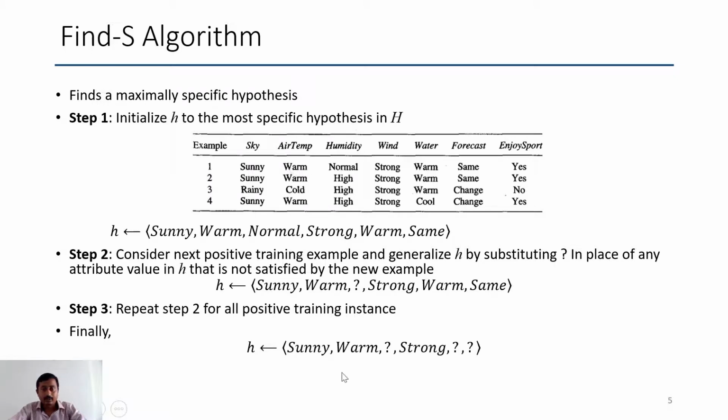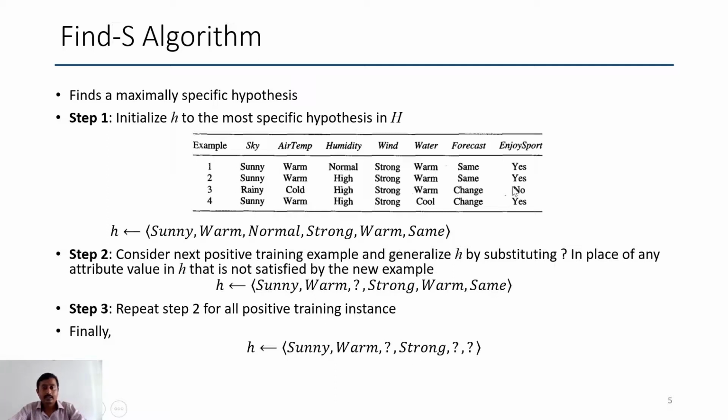We have warm here and we also have warm here. For humidity we have normal, but in the hypothesis we have a question mark, and the question mark represents that any value is acceptable, which is fine. Here we have strong and strong. Then warm and same, here we have a question mark. So example 1 is satisfying the hypothesis h.